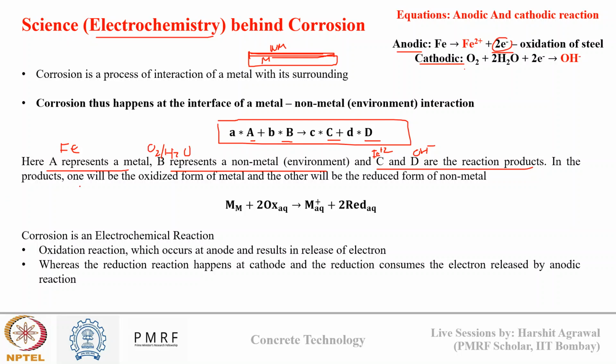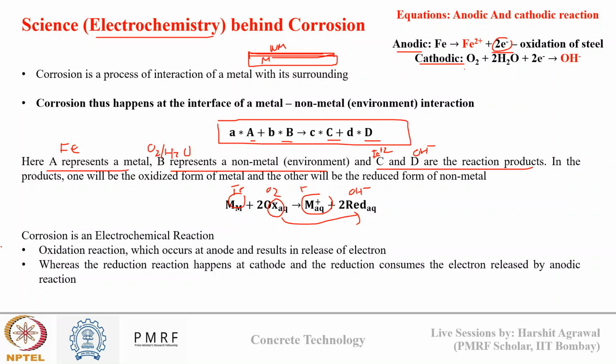So A is getting oxidized and B is getting reduced. M is converting into M+, so Fe is converting into Fe2+, and O2 is converting into OH-, so it is reducing. One is oxidation and the other one is reduction.